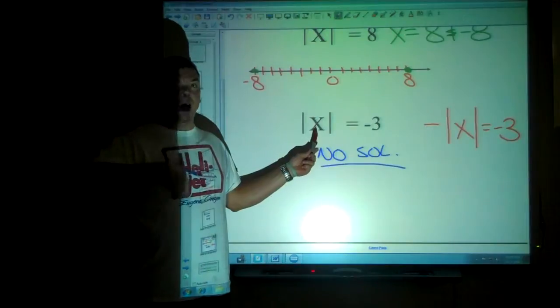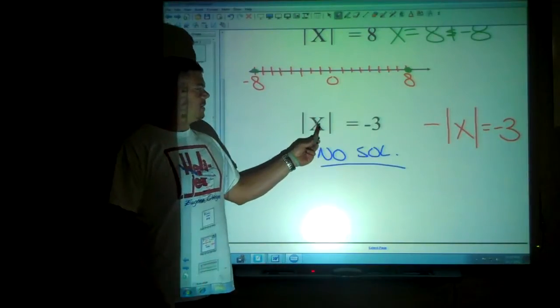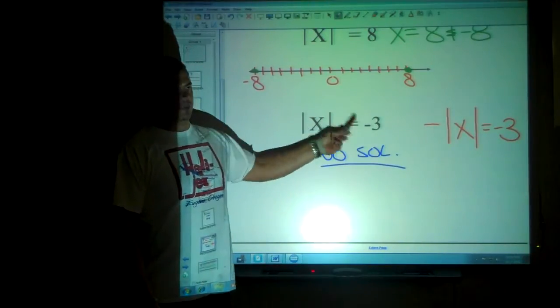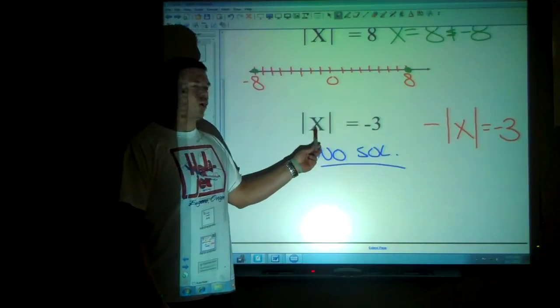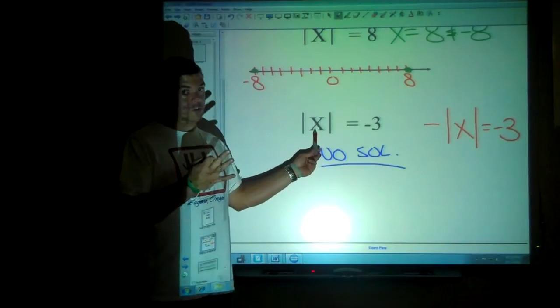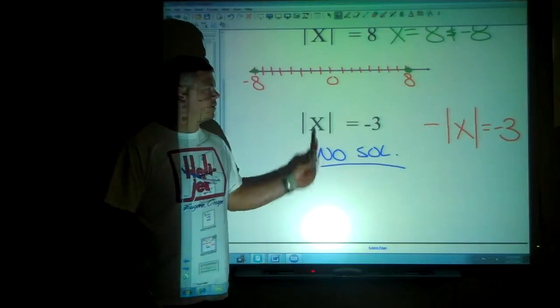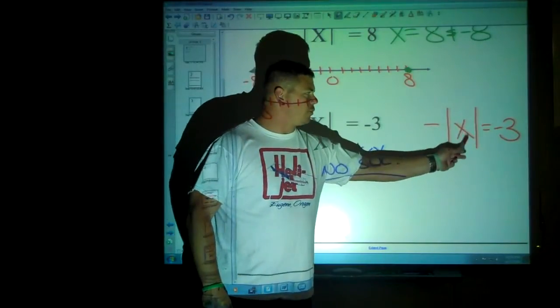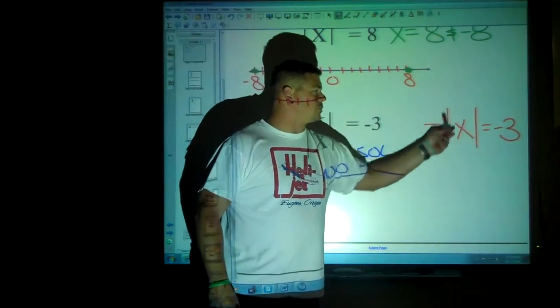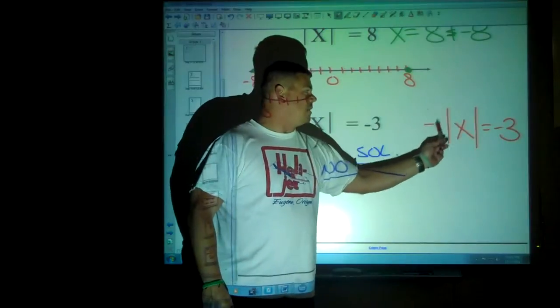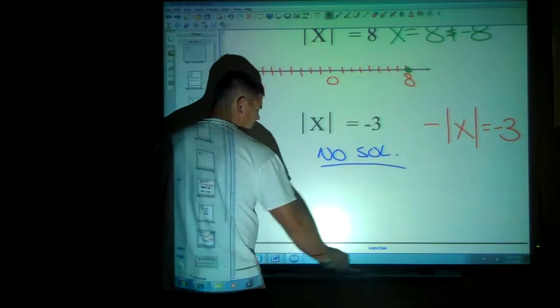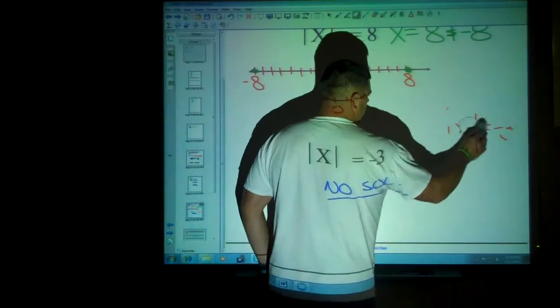So then someone gets that opposite thing going again, and they go, oh, well, then maybe this is +3. Because then the opposite would be negative. No. How far away is 3 from 0? Also 3. There's no solution for this one. Over here, both 3 and -3 would work because you'd have to do the absolute value first and then make it the opposite. So just be careful. There is a difference between those.